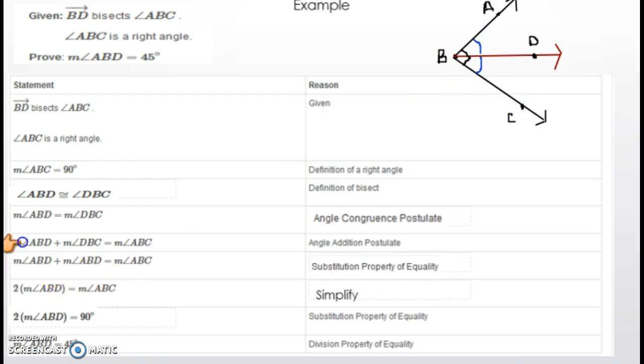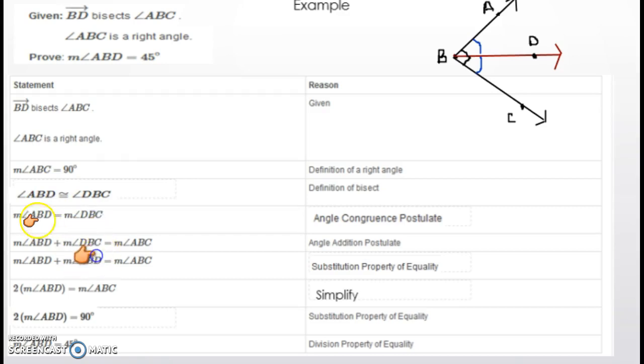Now let's take a look. What did they do from this step to this step? See what is different. The measure of ABD plus the measure of ABD. So now they've done something. They've changed this to ABD equals the measure of ABC. So if you go back and look above, you can see that the measure of ABD is equal to DBC.